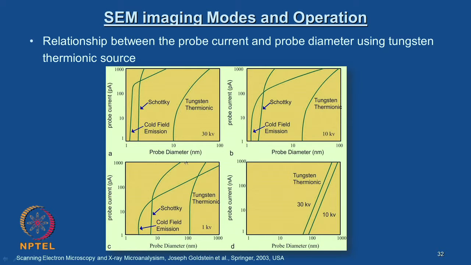And you can see most of these plots show that the field emission gun source exhibits superior diameter compared to the thermionic source, and it also varies as a function of operating voltage. Just to give you an idea how these electron sources control the probe diameter as a function of operating voltage. We will look at this aspect in imaging and its resolution and so on in due course.